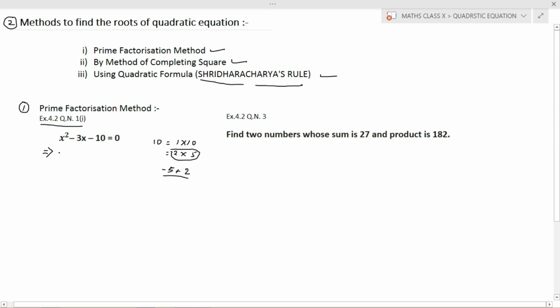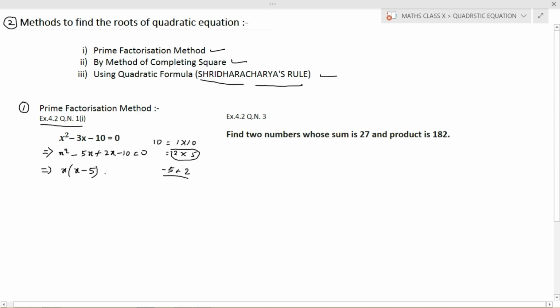So here we will write x square minus 5x plus 2x minus 10 equal to 0. Now by taking common from the first two terms, we get x common, and the remainder is x minus 5 in the bracket.